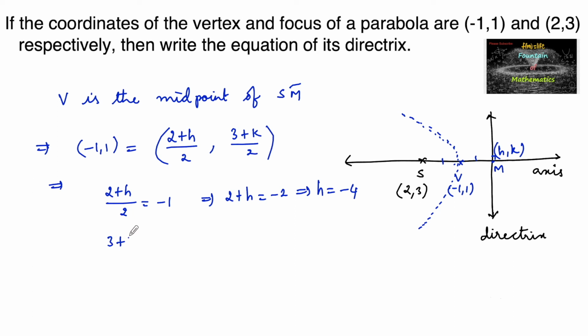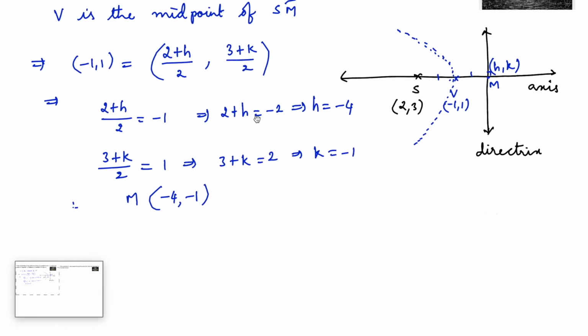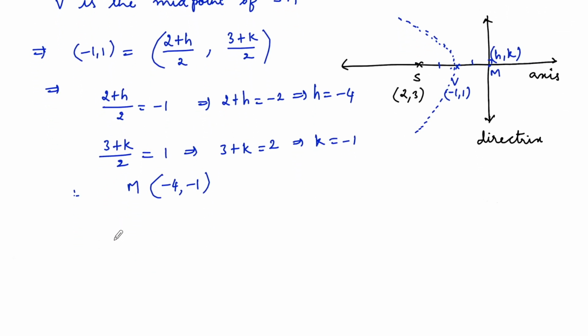And 3 plus K upon 2 is equal to 1, which implies 3 plus K is equal to 2, so K is equal to 2 minus 3, that is negative 1. Therefore the coordinates of the point M are minus 4 comma minus 1. To find the equation of the directrix, let us find the slope of the axis.